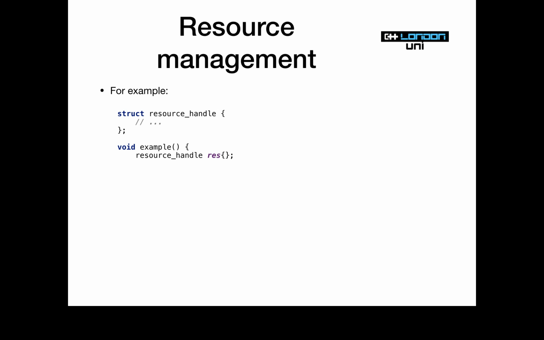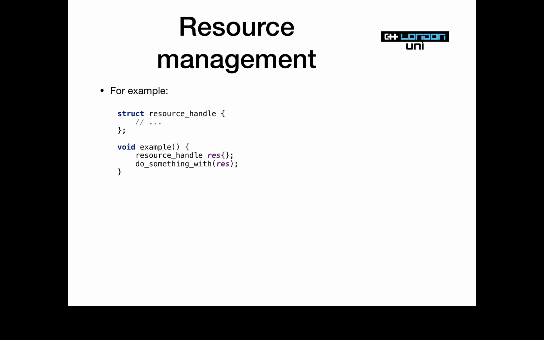So this resource handle would have a constructor that acquires the resource. So as long as this resource handle object lives, as long as res lives, we own the resource. And now, just as we did before, we do something with that resource. This is the same thing we had on the last slide.